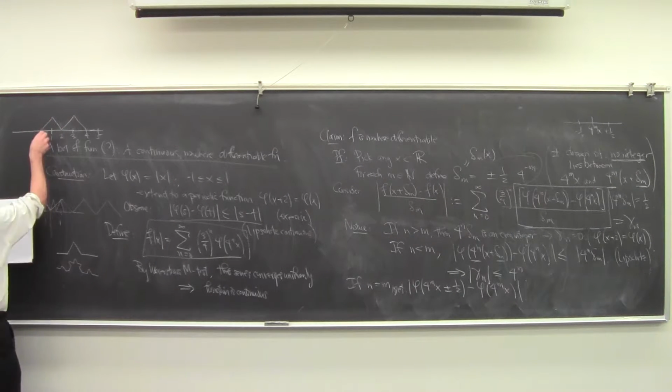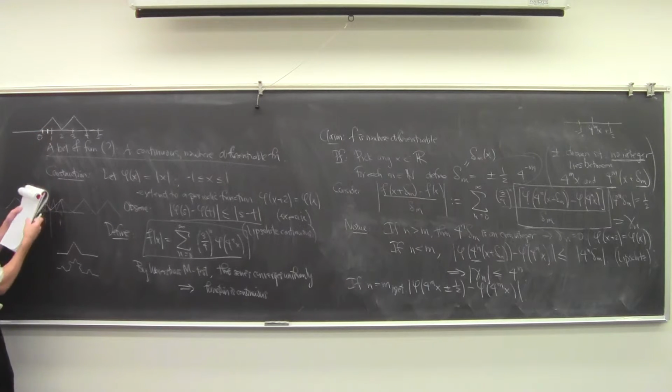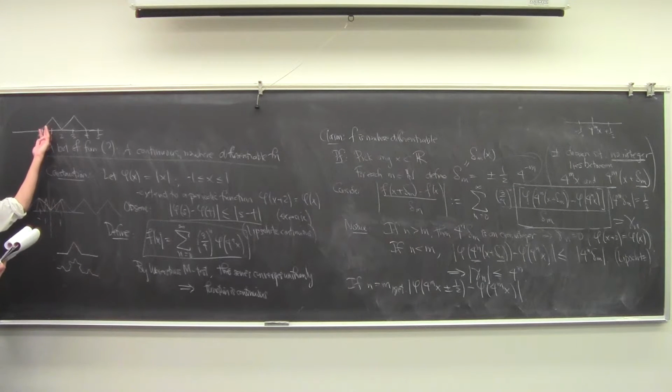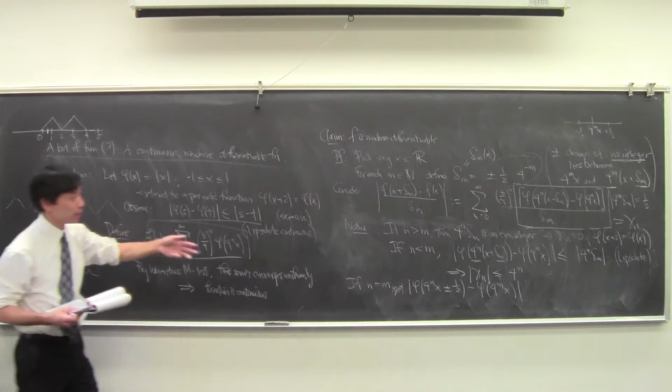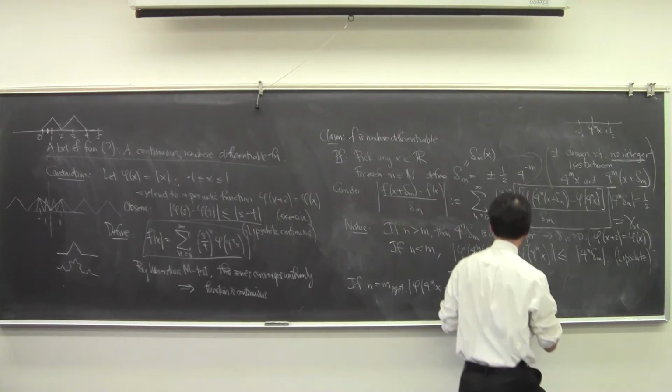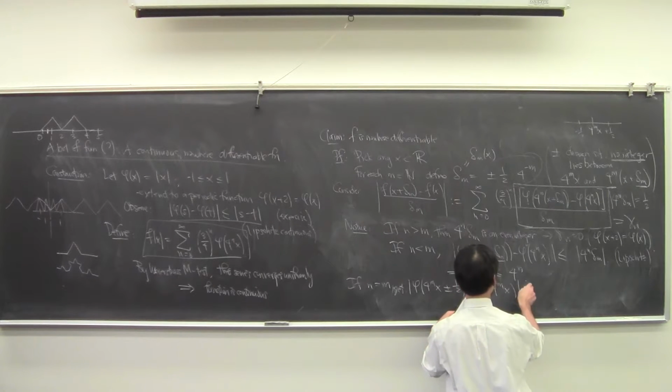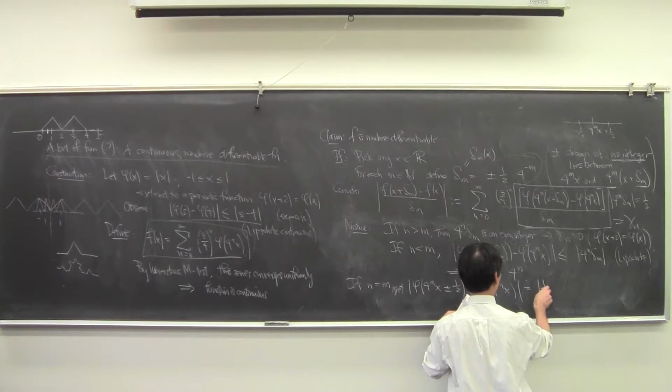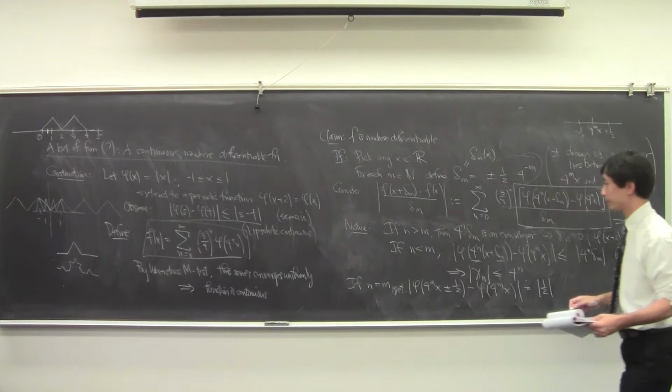Then you're looking at 2 points, the slope between which is either positive 1 or negative 1. Okay. So in that case, this difference is just going to be a half.